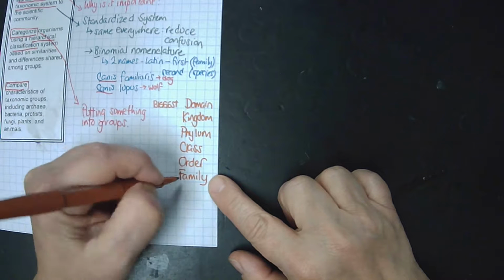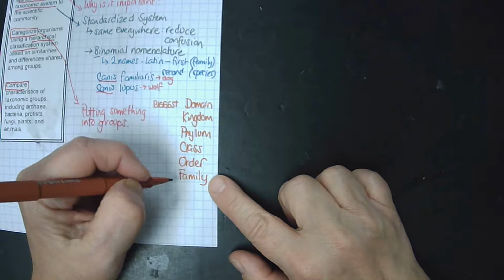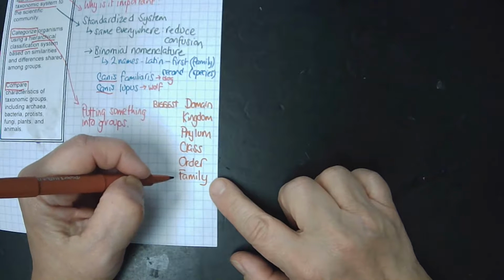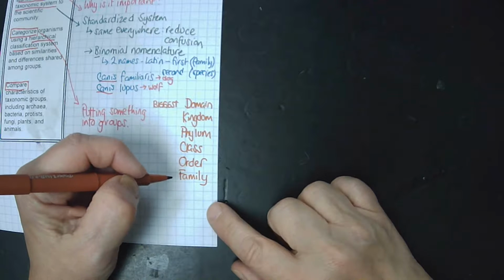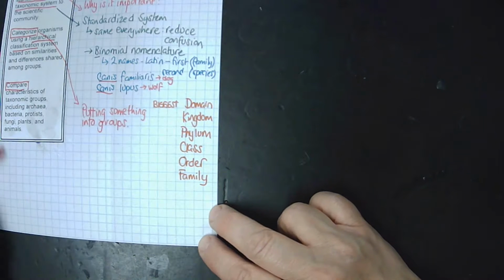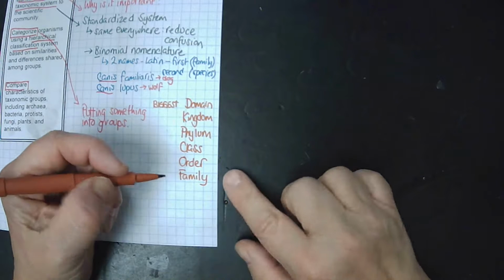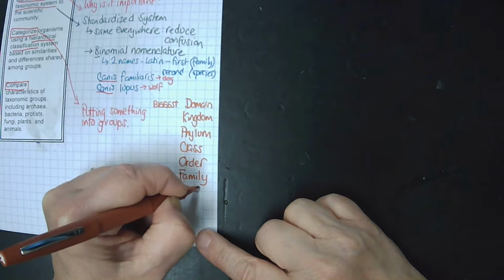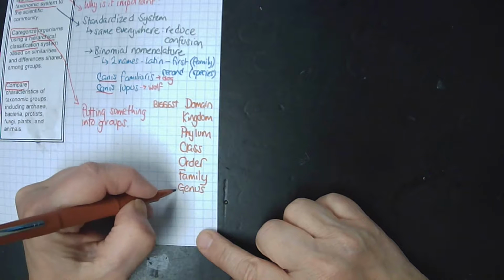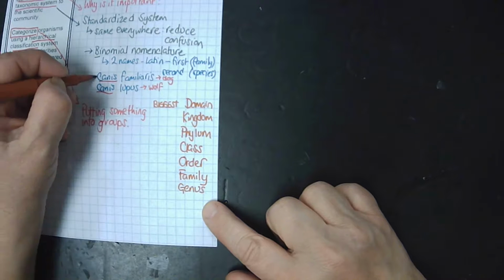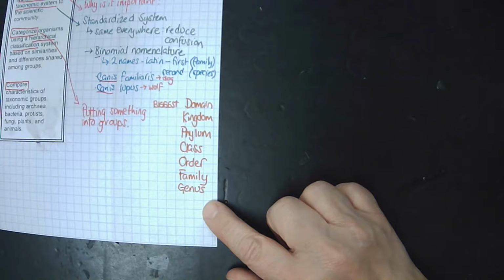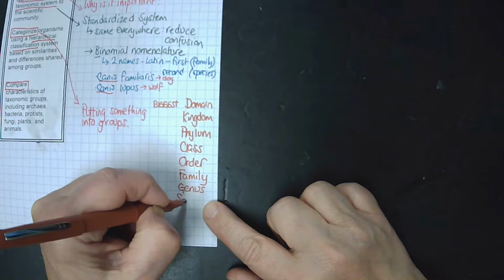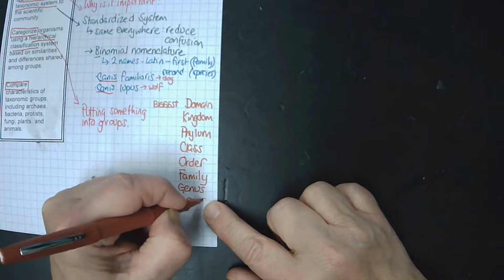Well, the cat family contains, not only does it contain Tigger that you've got at home, but it also contains lions and tigers, and it contains cheetahs and panthers and bobcats, and they're all different members of the same family, but we can split them down further into what are called genus. This is in fact your first name. So Canis is a genus, and then they are split into things called species.